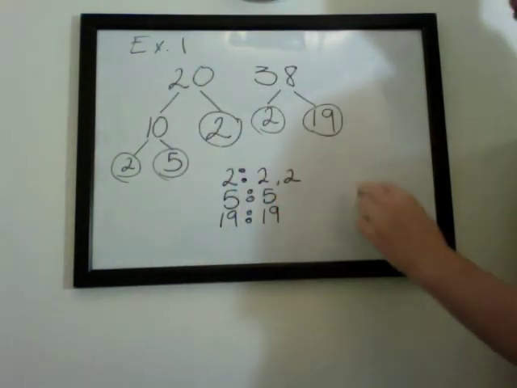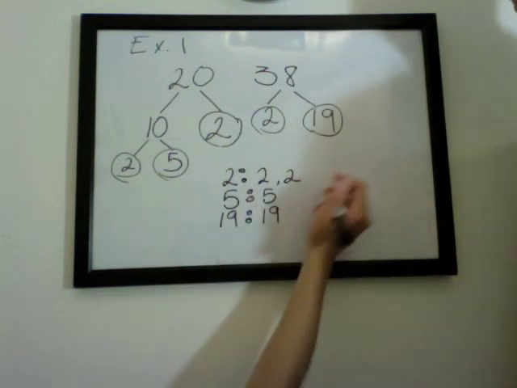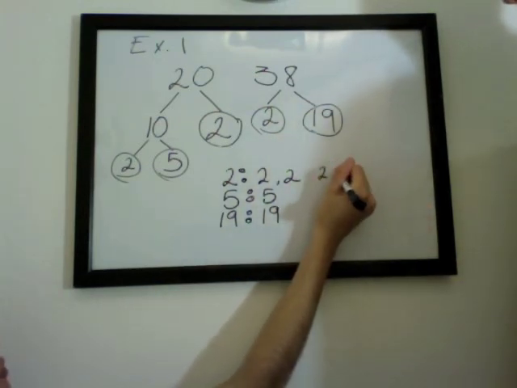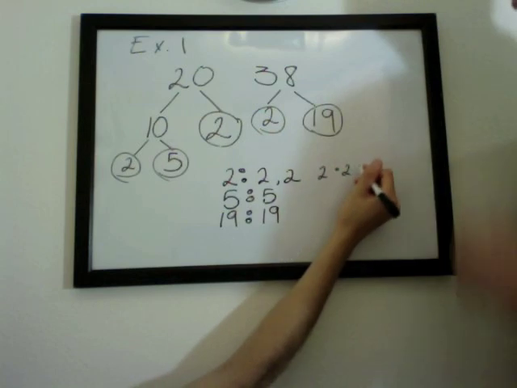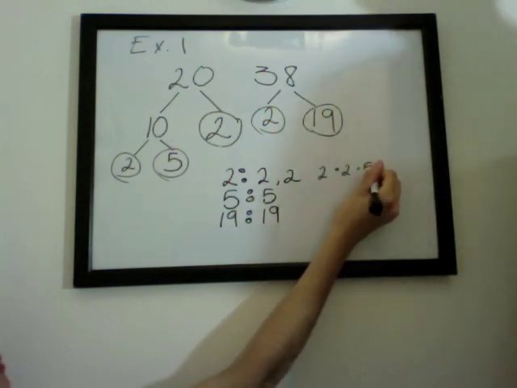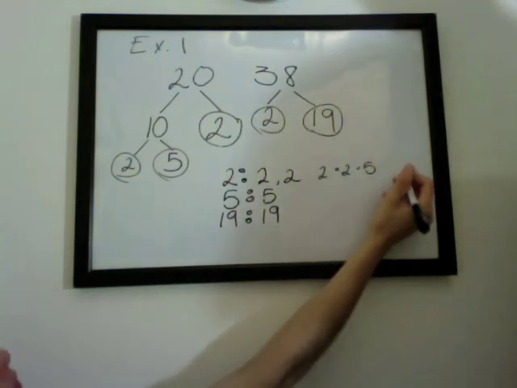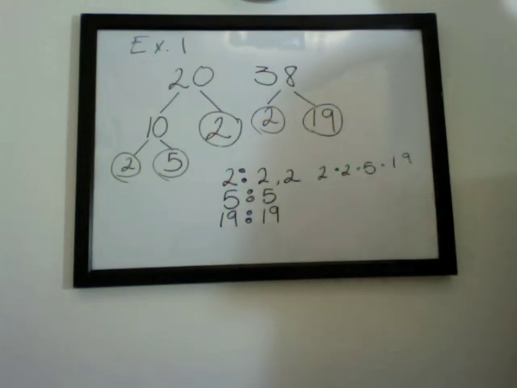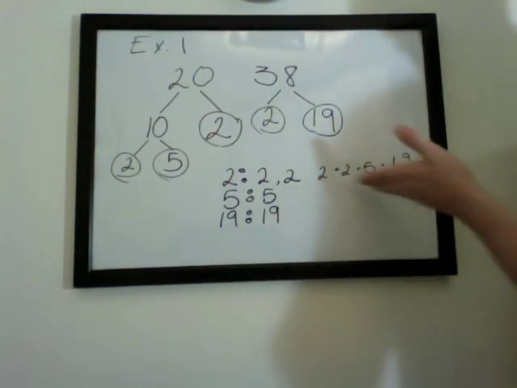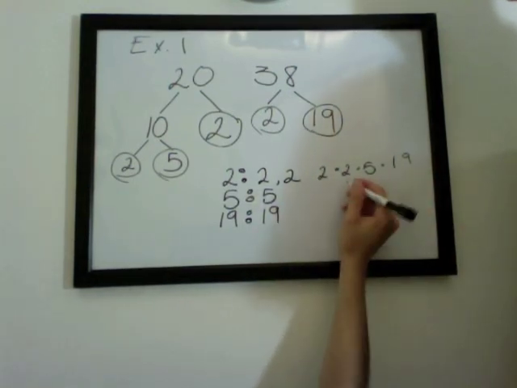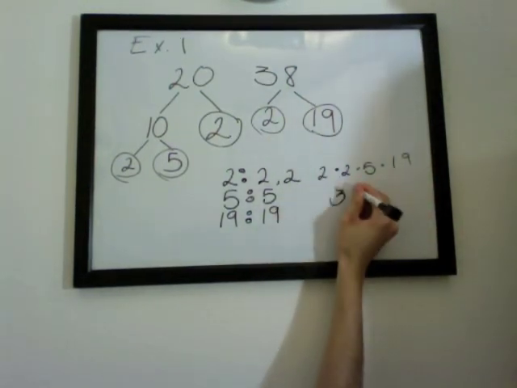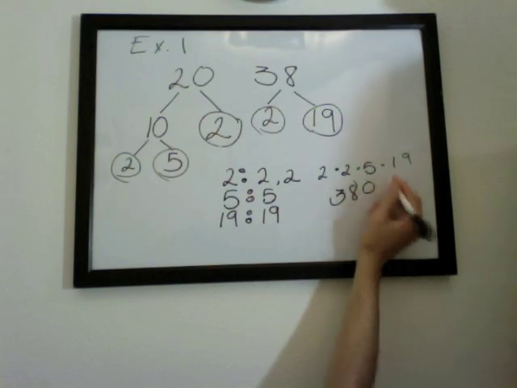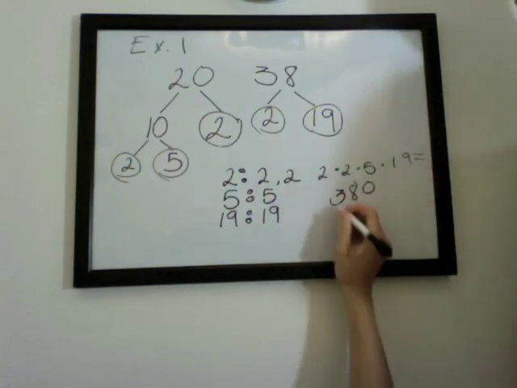Now we have these numbers. We're going to multiply them all together. So 2 times 2 times 5 times 19. Okay, and if we multiply those all together, we get 380. And that is the number, the least common multiple.